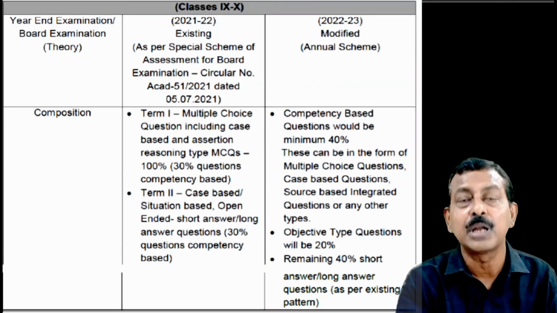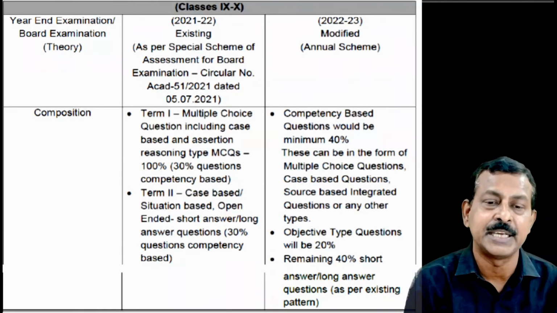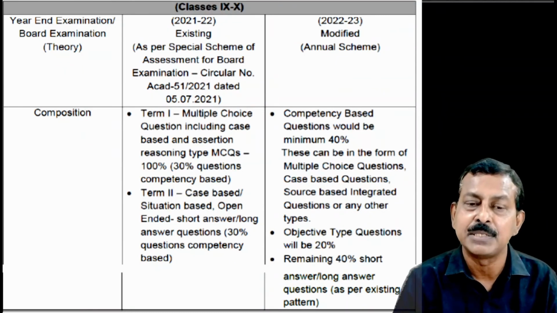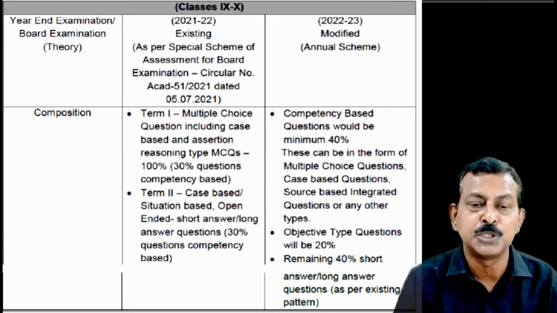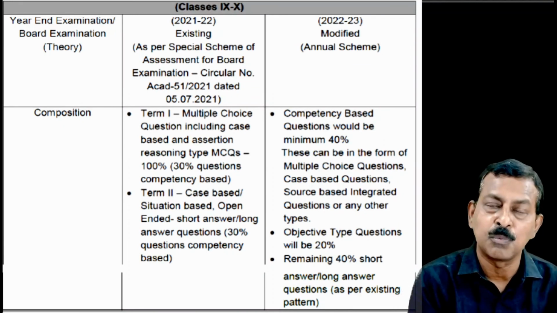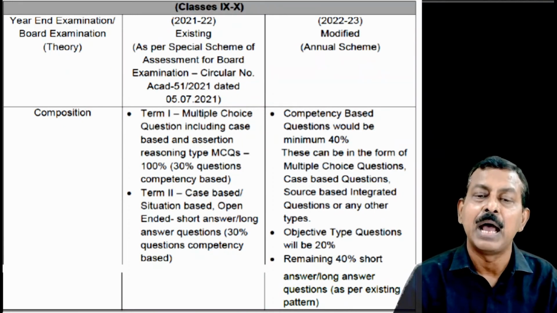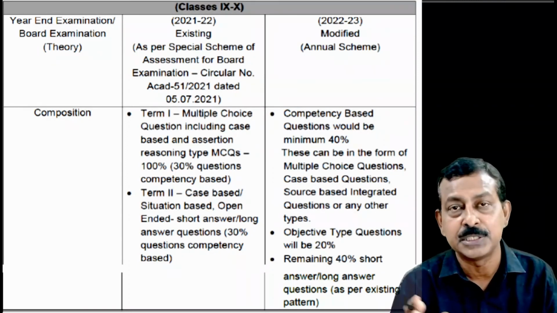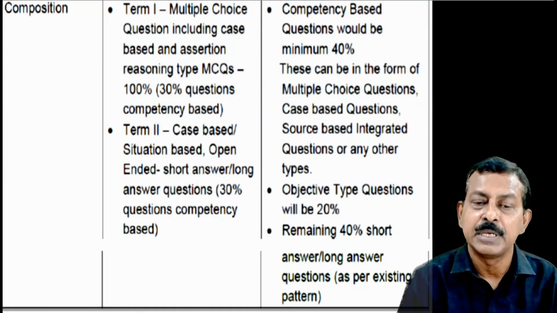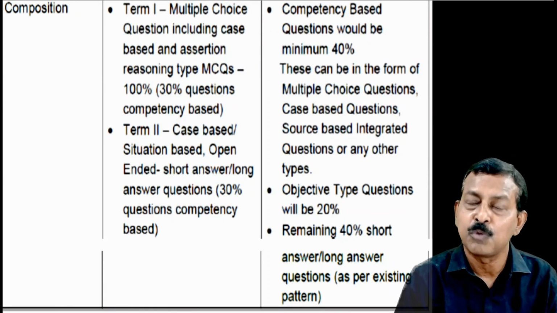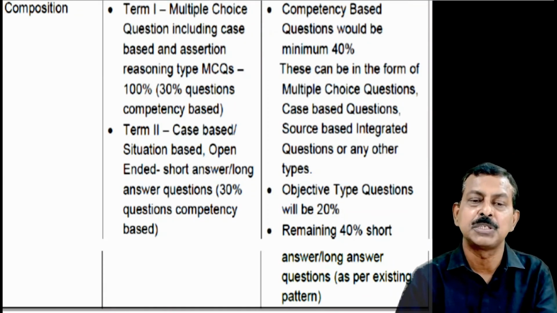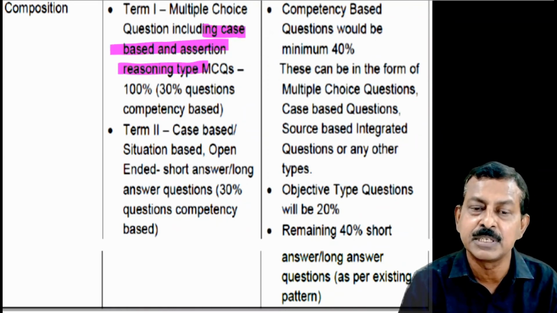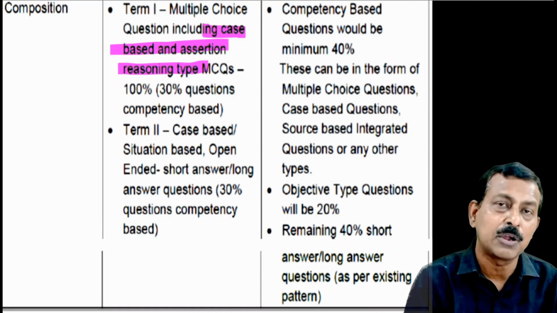If you see class 9 and 10, for them again for the batch 2021-22, they have term 1 and term 2 examinations, and now they will have an annual examination for the session 2022-23. Here, the term 1 examination was multiple choice questions, including case-based questions and assertion-reasoning type questions, all of MCQ type.